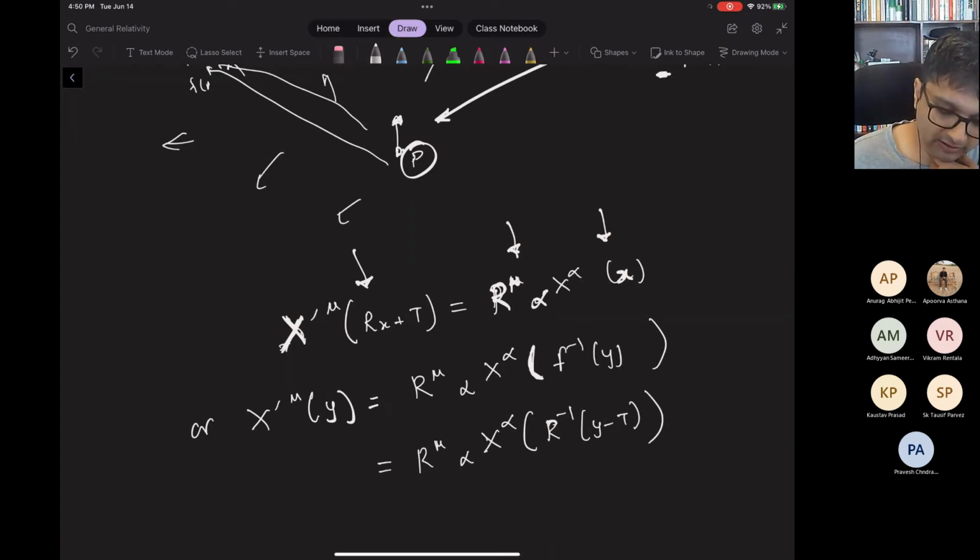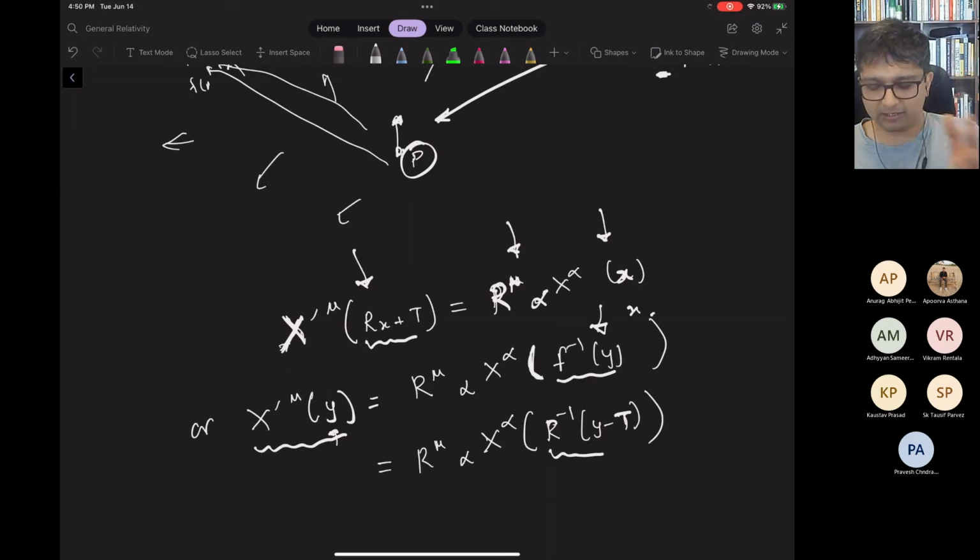Or equivalently, if you call this rx plus t as y, what we're saying is x prime mu of y is equal to r mu alpha x alpha, but now I go from y back to x, that is I use the inverse map, f inverse y, this gives me x. And the inverse map is basically you first take the negative of translation, so you translate back, and then you take the inverse rotation. And this is the x alpha on this.